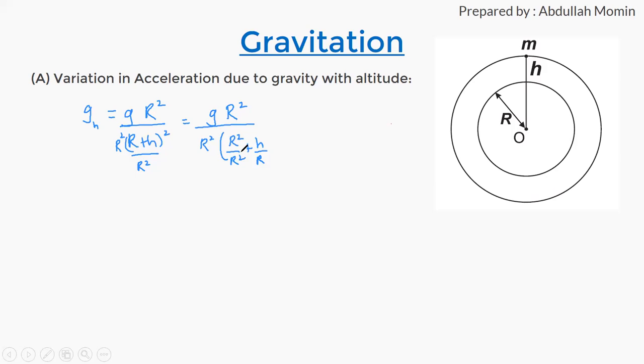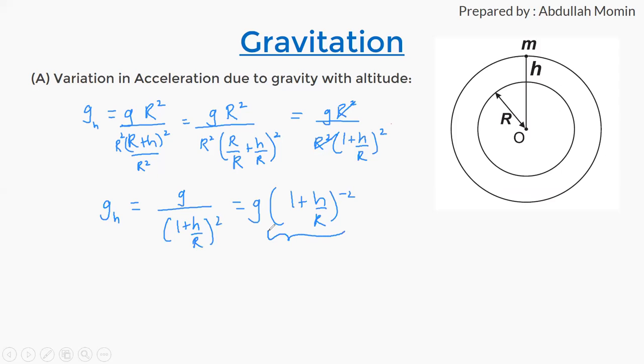So we will get g R square upon R square 1 plus h by R whole square. When this R square and R square get cancelled, we will write gh is equal to g upon 1 plus h upon R whole square, or g 1 plus h by R raised to minus 2.